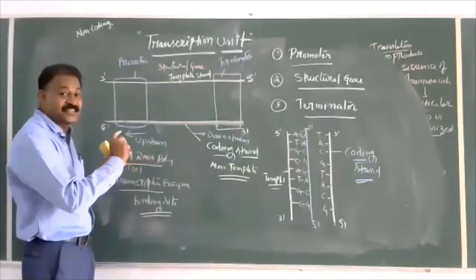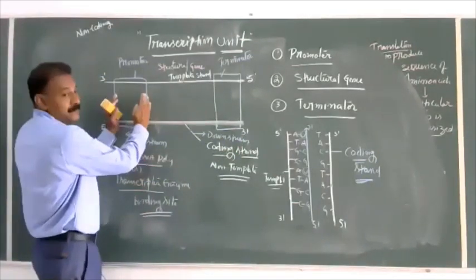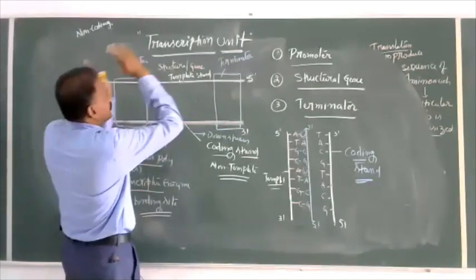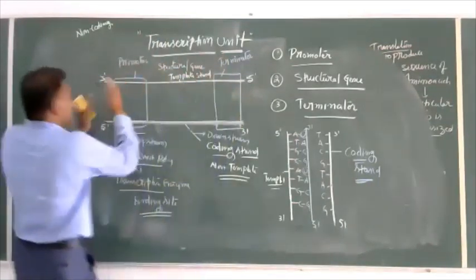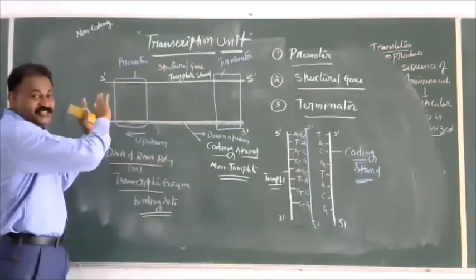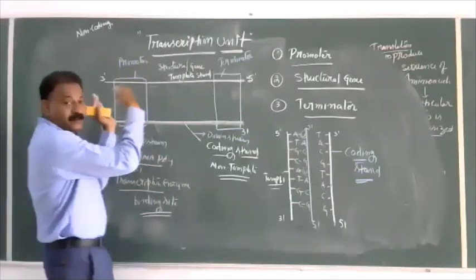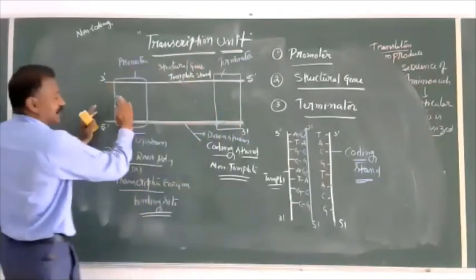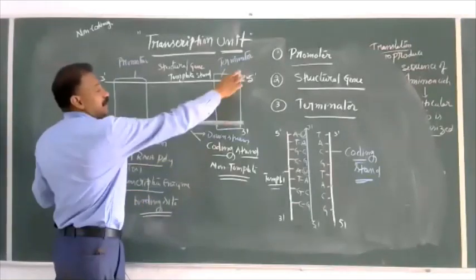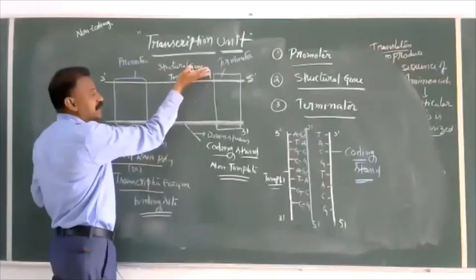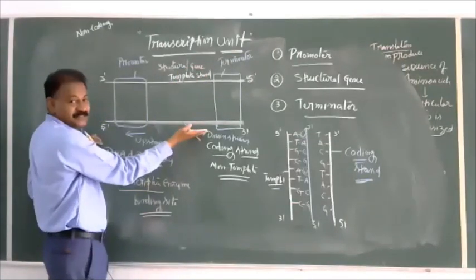If we switch the positions of promoter and terminator, promoter here, terminator here, what happens? Automatically the polarity of these two also changes. Coding strand will become this one and template strand will become this one.